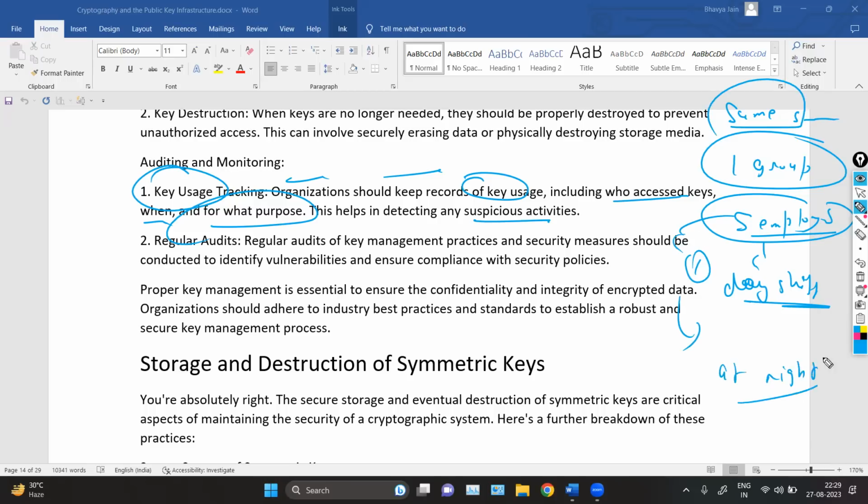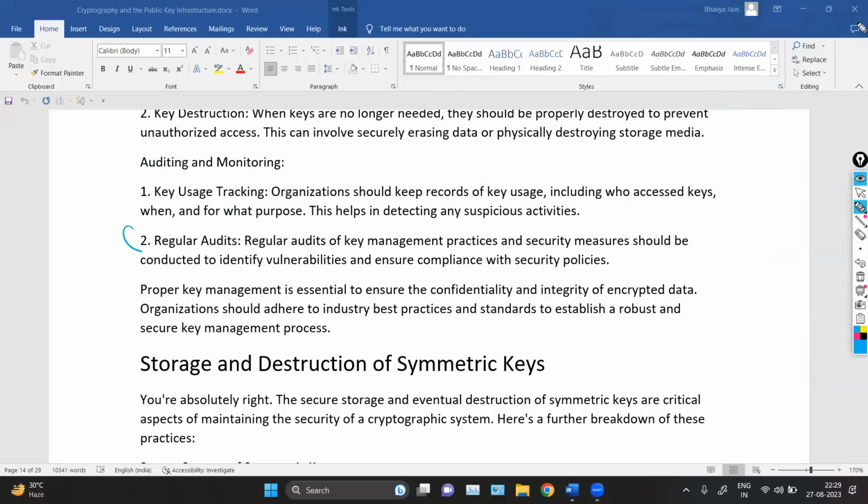What does accessing data with the key at night mean? It means when there's no one around in the office. In that case, this is suspicious activity that you have to identify. You have to investigate why he is doing that, for what purpose, and at what time, etc. So you should investigate it, to avoid suspicious activities.